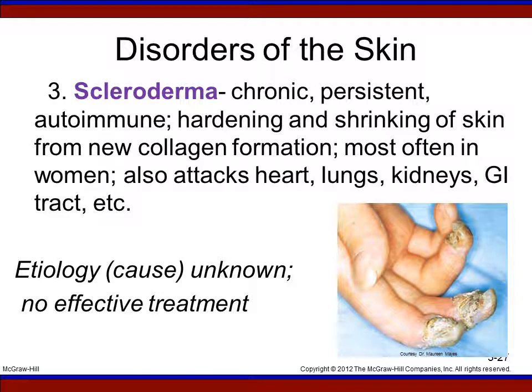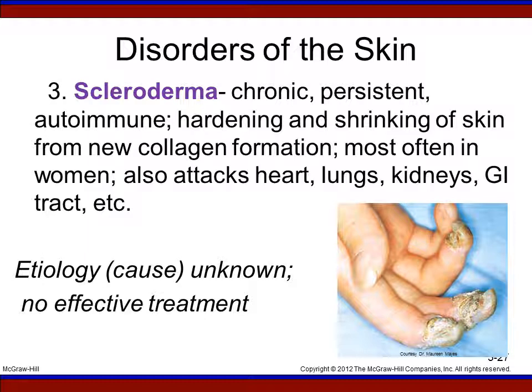Scleroderma, this is one you may not have heard as much about, not quite as common as the others. But again, there's an increased amount of collagen, which hardens the skin and makes it very difficult to move. And you can see from the picture the skin and the nails are overgrown, they're hard, the skin starts to die, and what it's doing on the outside, it can also do on the inside to the heart and lungs and kidneys.